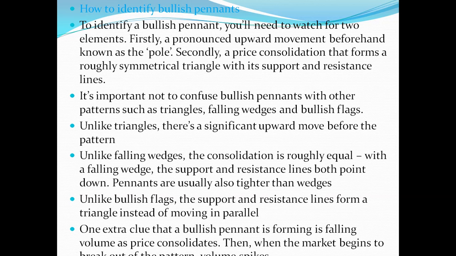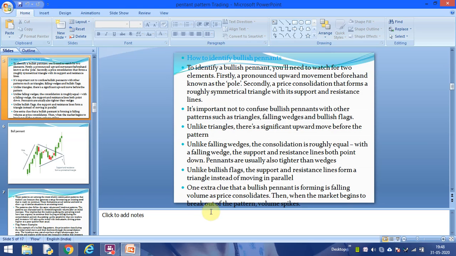One extra clue is that a bullish pennant forms with falling volume as the price consolidates. So this you have to see. You have to identify a lot of things in this.